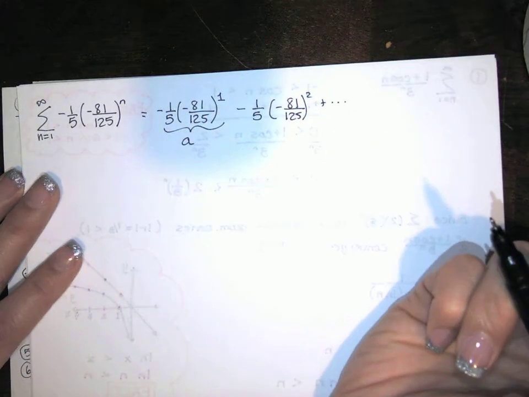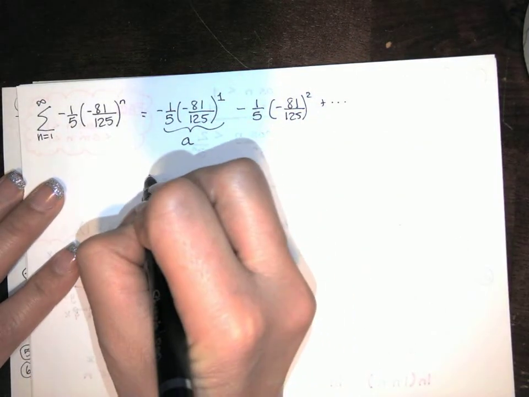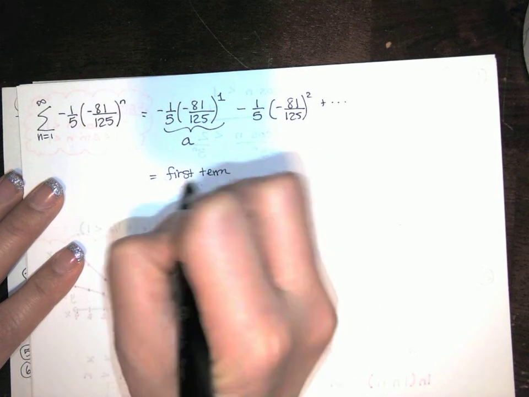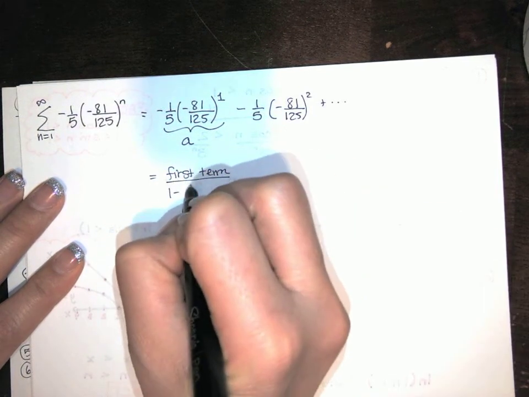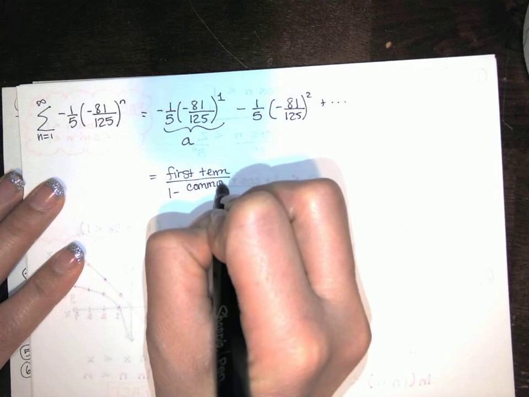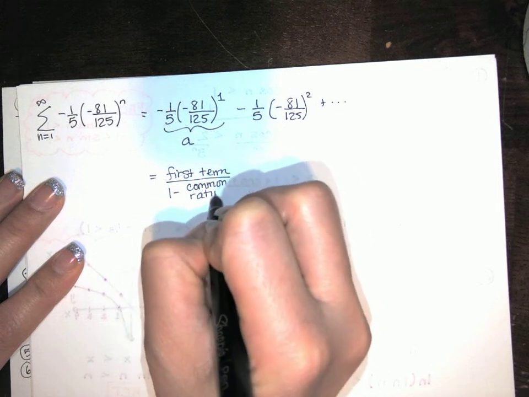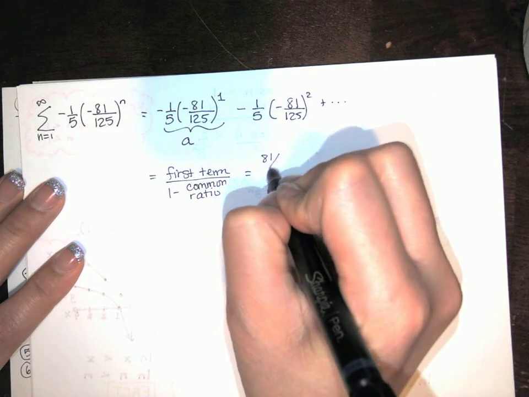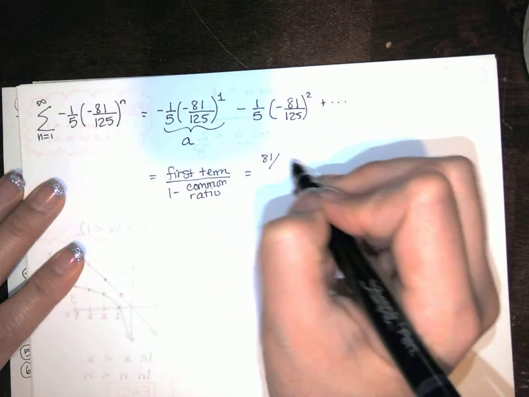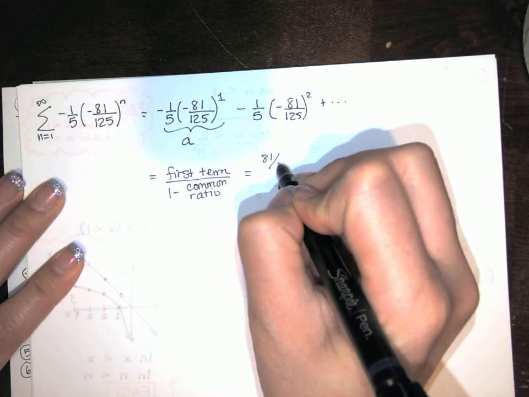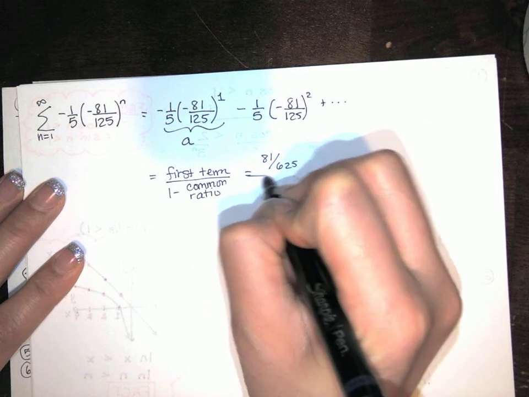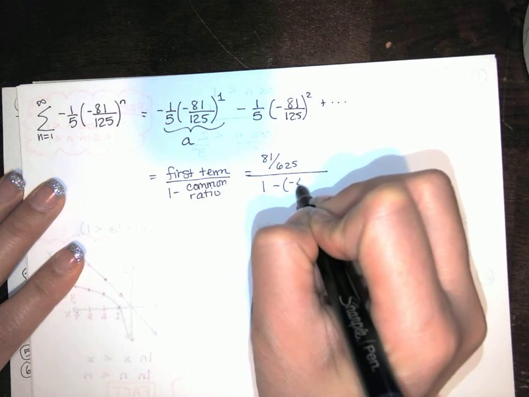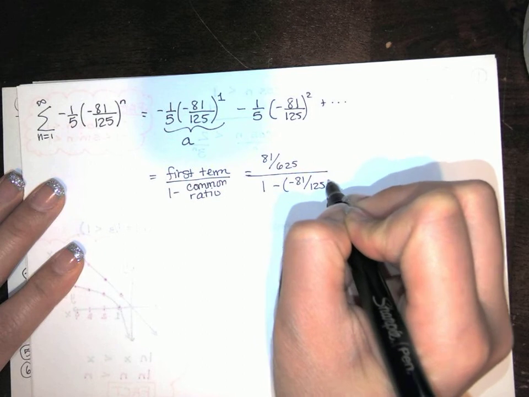That's our first term. So the sum of the series is our first term, which is traditionally called a, over 1 minus the common ratio. And that first term simplifies to 81 over 625. In the denominator, we have 1 minus the -1 over 125.